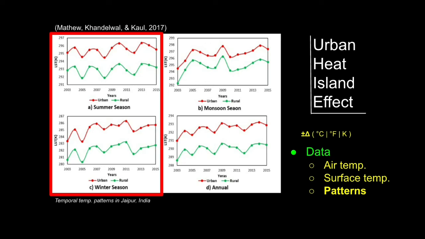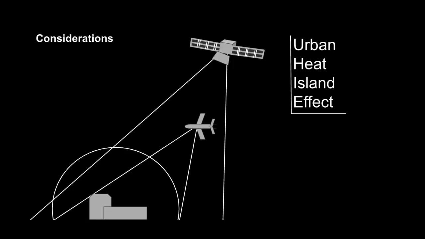Now, there are considerations for measuring surface temperature, as surface temperature can be indirectly measured using satellites, aircraft, and ground-based instruments. While it is possible to estimate air temperatures from surface temperature data, the estimates are less reliable than direct measurements.